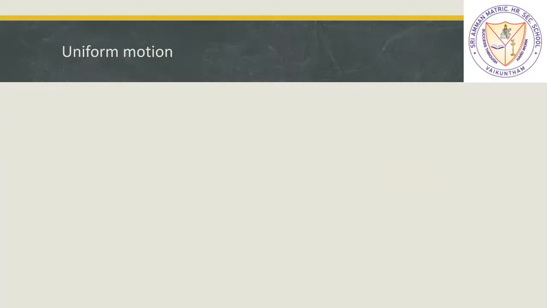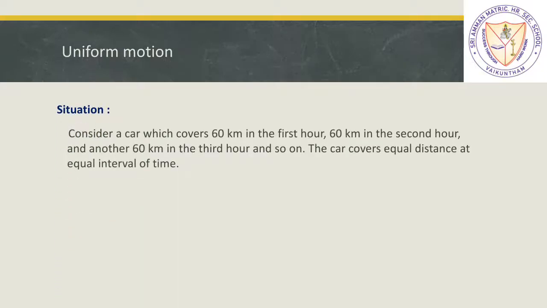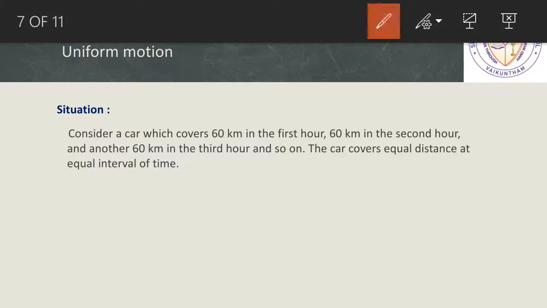So then let us study a phenomenon called uniform motion. Let us consider a situation. Consider a car which covers 60 kilometers in the first hour. So there is a car, consider this as the car.